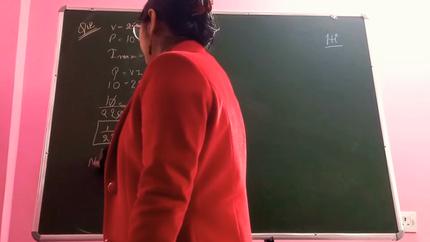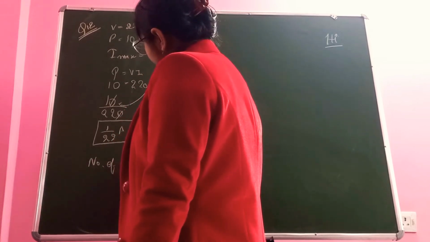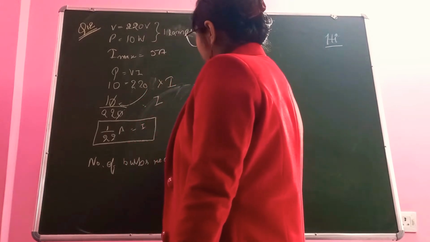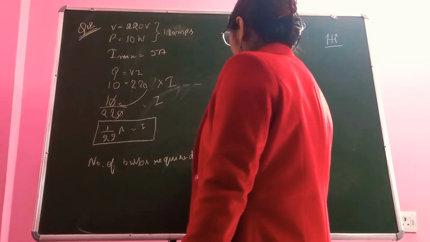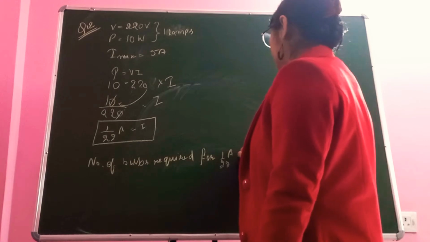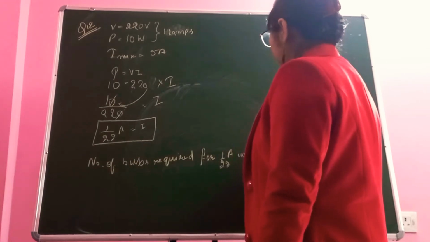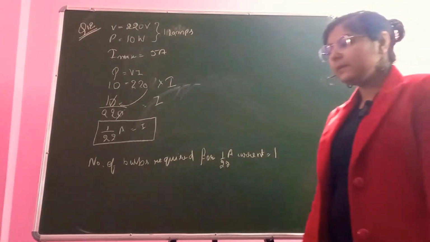Number of bulbs required for 1 by 22 ampere current. How many bulbs? 1, because this is the data of one bulb.